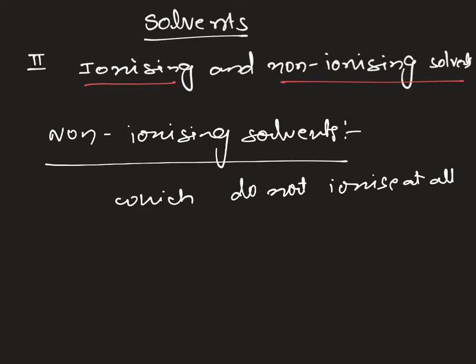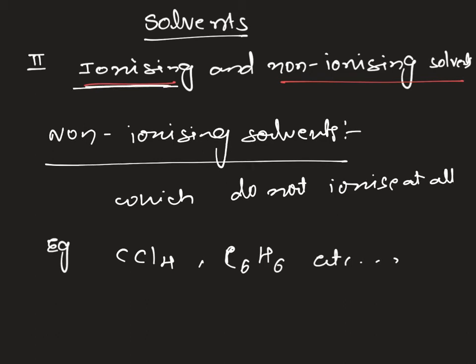Examples of non-ionizing solvents are CCl4, which cannot be ionized, and benzene. So by ionization we are classifying solvents into two types. If the solvent undergoes self-ionization or auto-ionization, we call it an ionizing solvent. If it does not ionize at all, we call it a non-ionizing solvent.